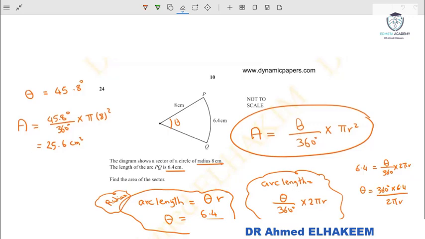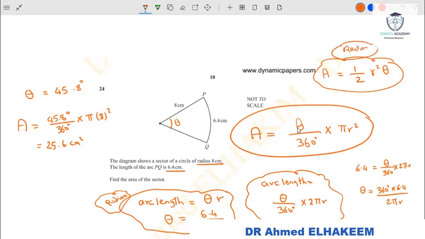In case of radian, the area of a sector will be half r squared theta. This is in degrees.